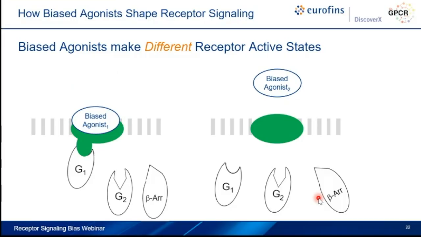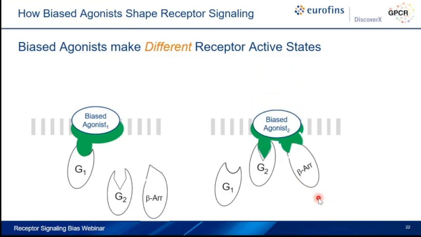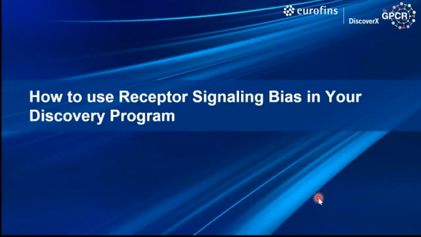A different agonist may make a different state that will interact with G2, beta-arrestin. That's all bias is. Your assay is telling you that this compound is making some unique state compared to a standard, to the natural hormone, and can you exploit that therapeutically? So how do we use it in our programs?